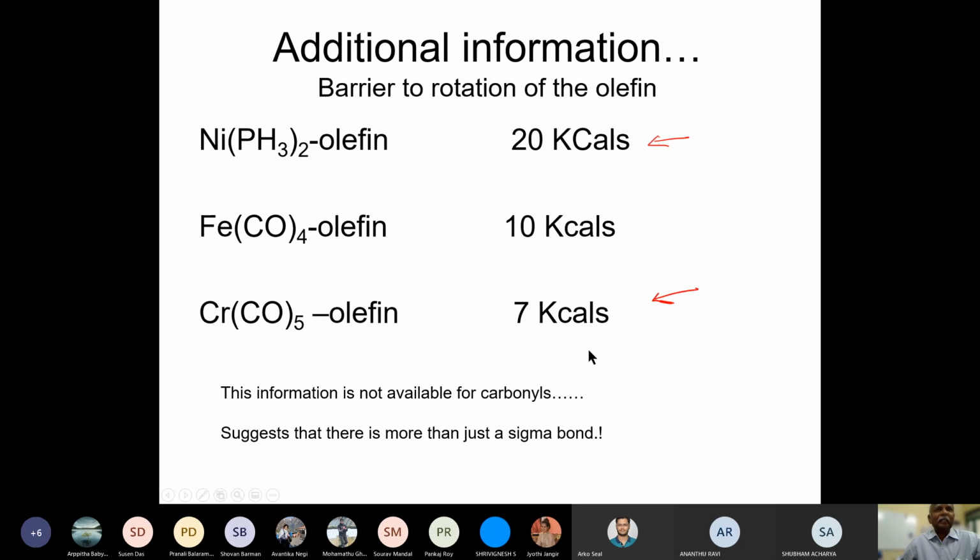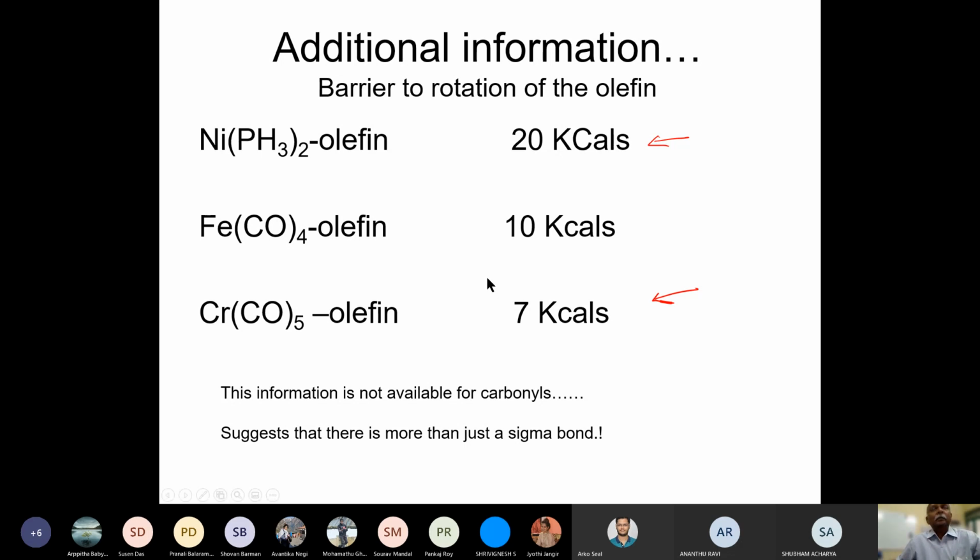And this varies. For the CrCO5 ethylene complex, the energy difference is approximately 7 kilocalories per mole. That's the energy calculated for the transition state for the rotation of the olefin. So perpendicular, the bonding would be lost. If you rotate one full round, it will come back to a bonding situation.